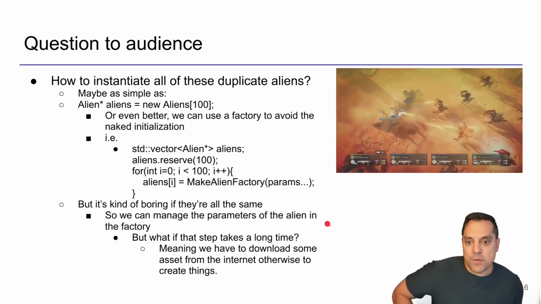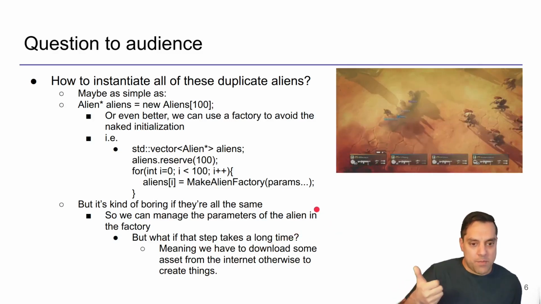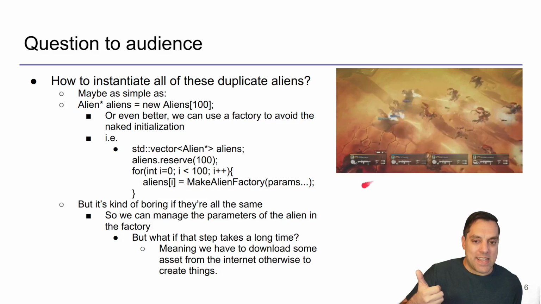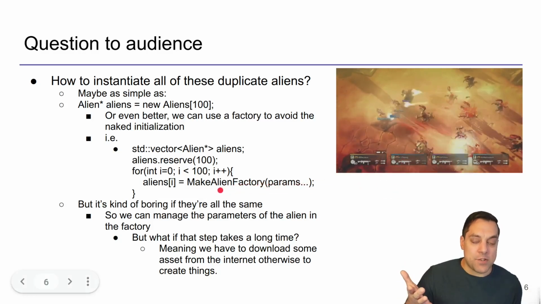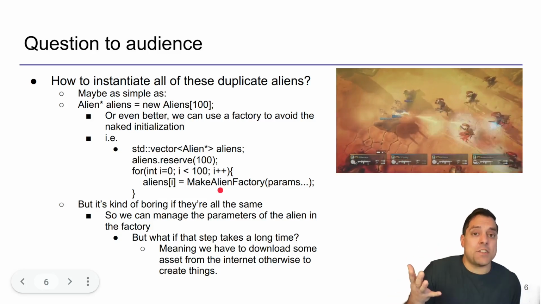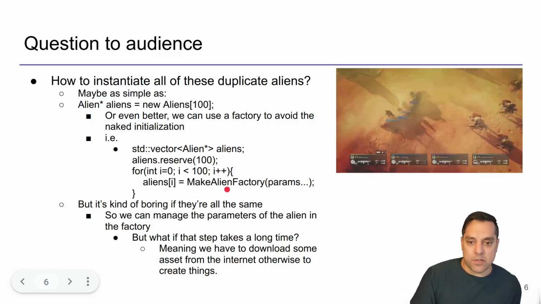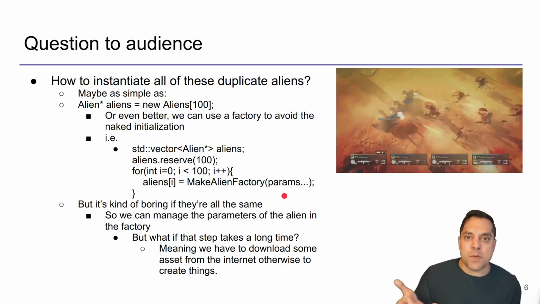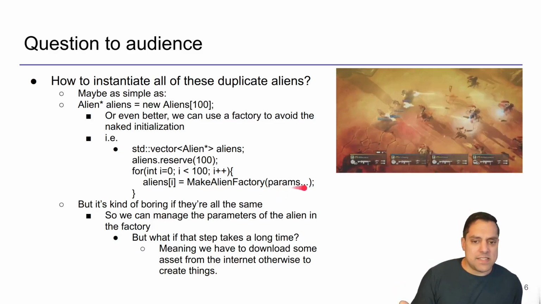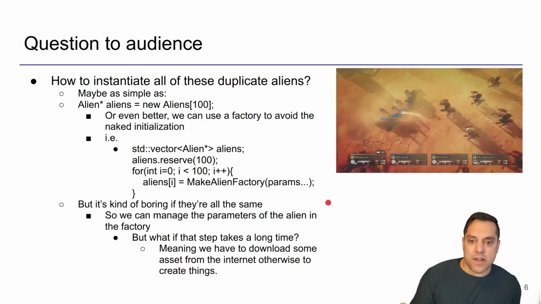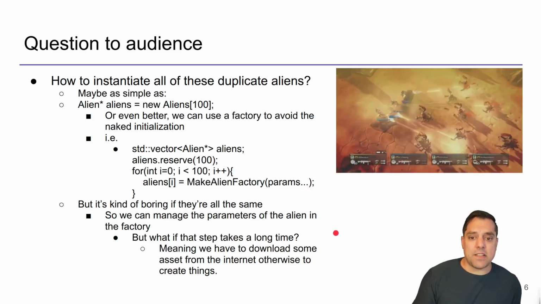But this is kind of, one, maybe boring if all of our aliens are the same, or we just have a limited number of types of enemies that we can generate based off of our imagination, with however many factories we can come up with. And we can template these things and come up with different parameters and config files, of course. But the larger problem here, beyond the creativity, is that this might just take a lot of time.